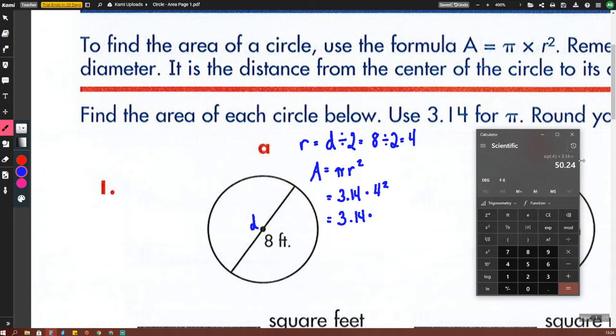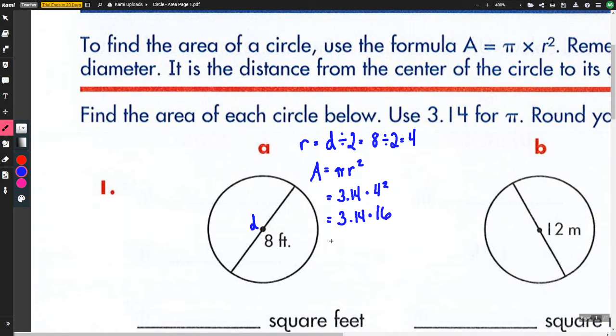And my calculator knew I wanted to do times 3.14, so it gave me the answer of 50.24. So let me write 16 down first, and then the answer of 50.24.